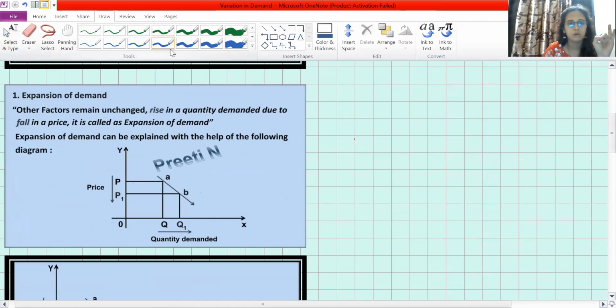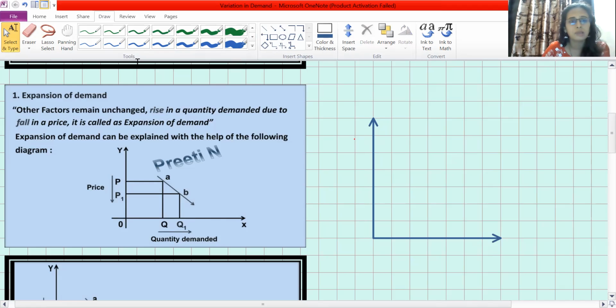Now let's see, we will draw a diagram. As usual, x-axis and y-axis. See students, I have assumed that 1 square is 1 centimeter. So I have drawn a 5 to 6 centimeter and 6 to 7 centimeter line for the x-axis and y-axis.